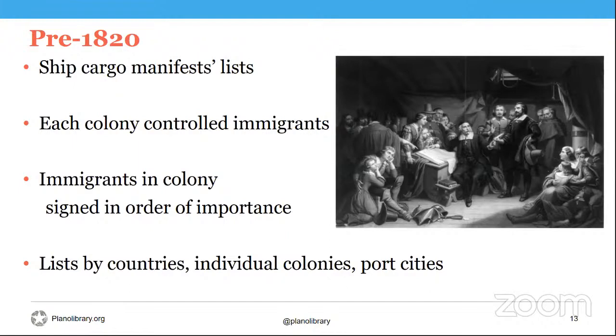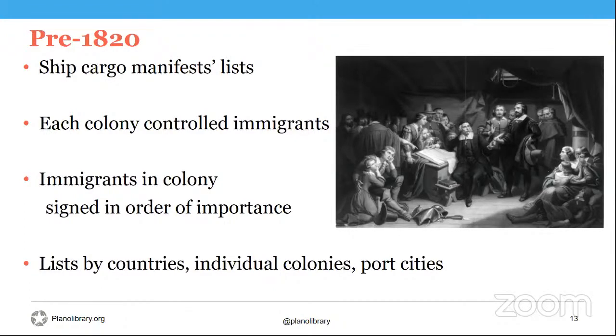I've decided I don't really want to worry about him, because a lot of it means a lot of extra work, and I have too much to do right now. Maybe when I retire, I'll work on that some more, because I have to look for manifest lists, ship cargo, because they were considered more like cargo and not like passengers. So they weren't always listed.